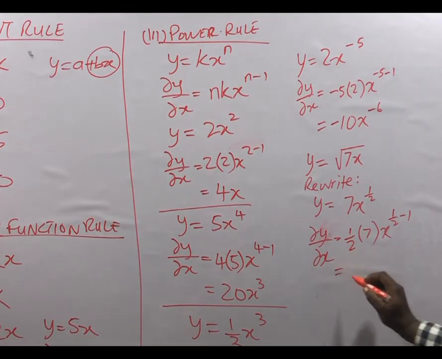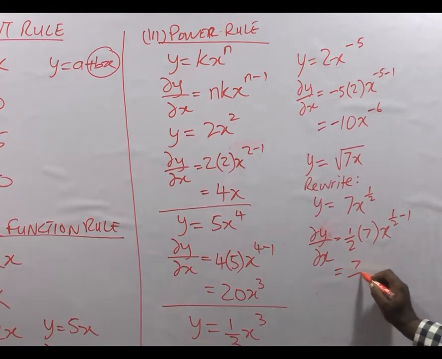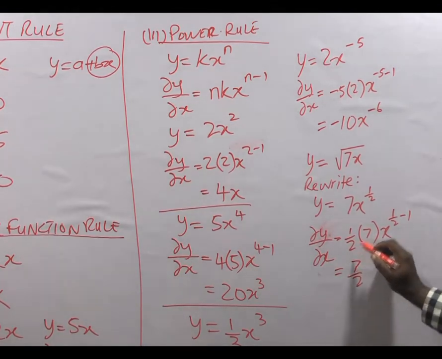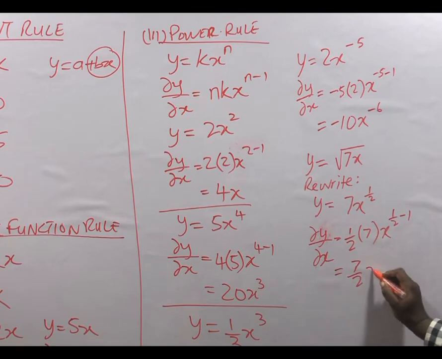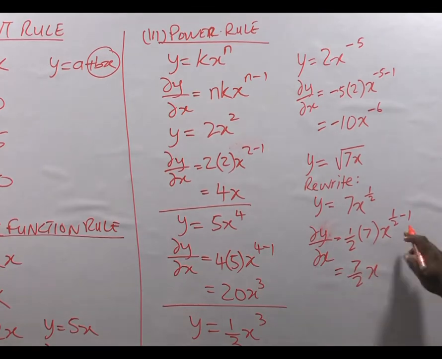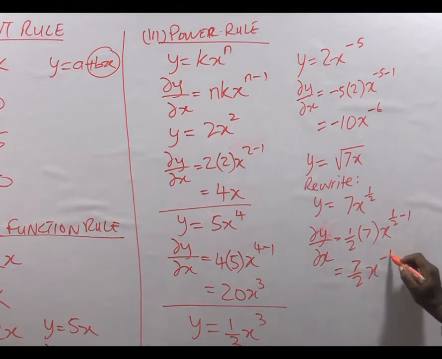So our answer becomes 7 all over 2, multiplied by x raised to power 1 over 2 minus 1, that's half minus 1, which will give us minus 1 all over 2.